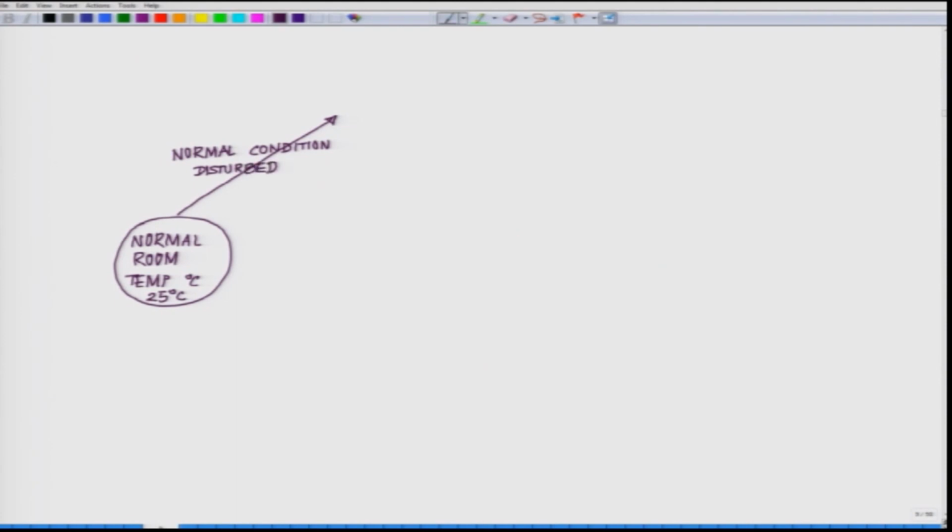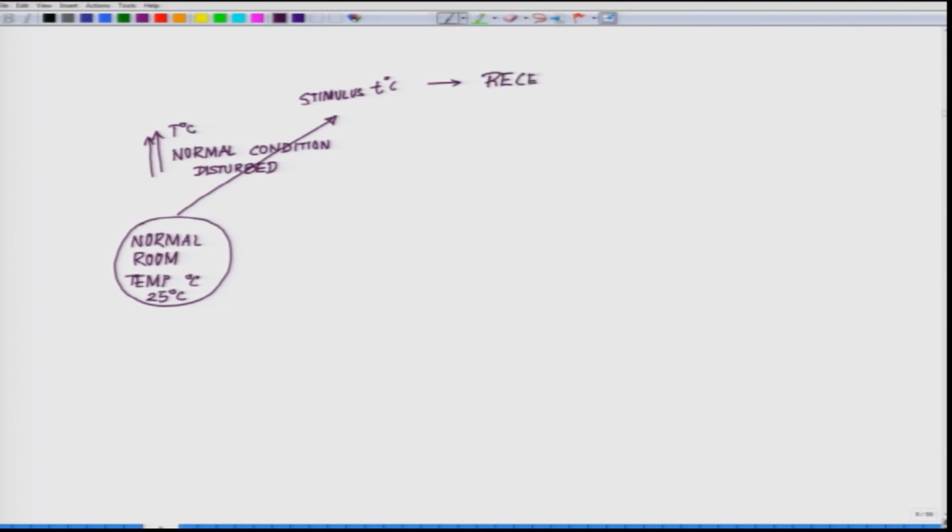If the normal condition is disturbed, there will be a stimulus. In other words, say for example, there is an increase in temperature. So, what will happen? This temperature will be monitored by a receptor.